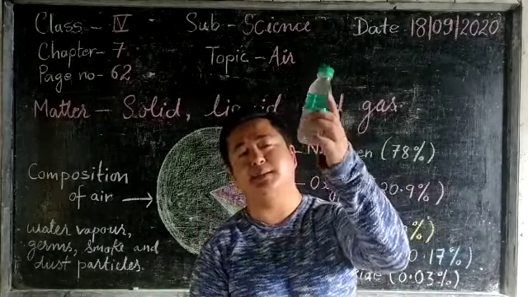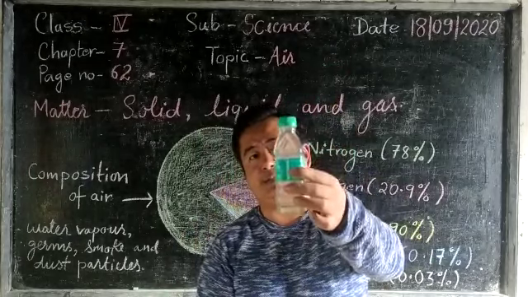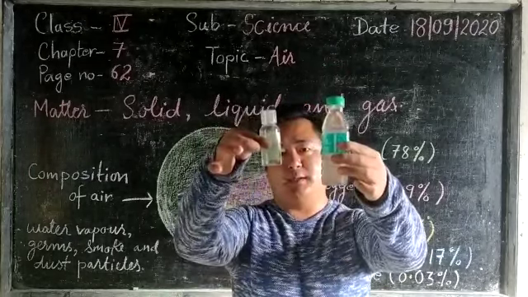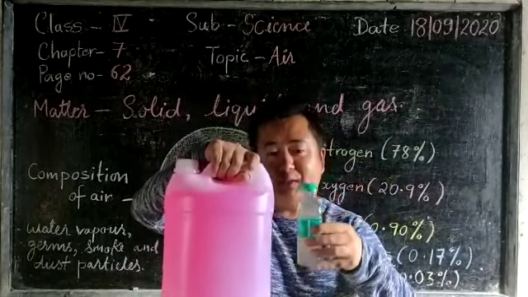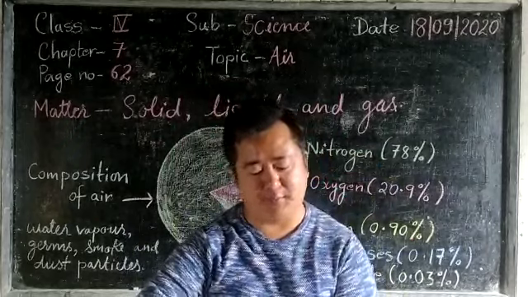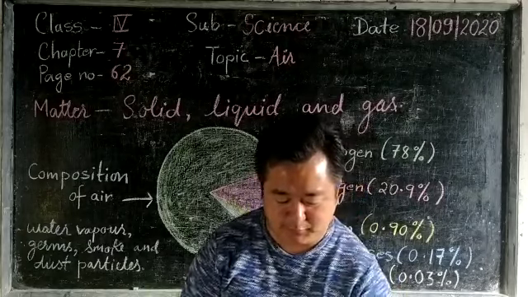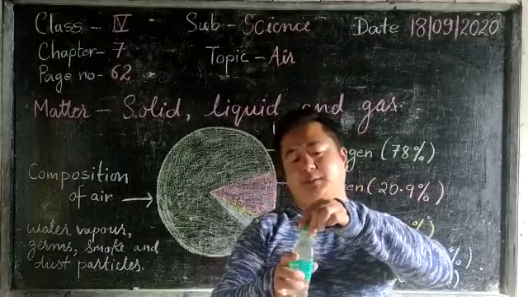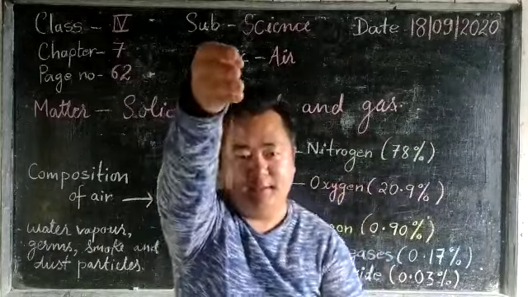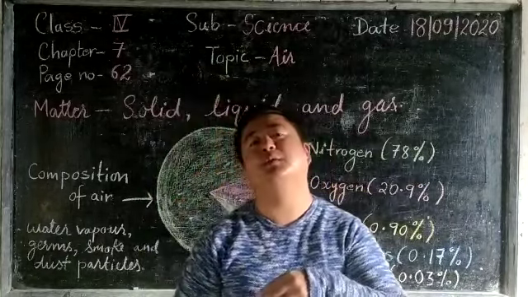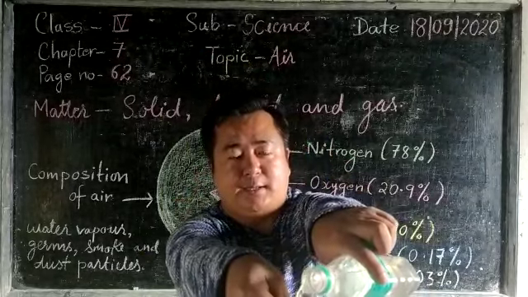You can see this, the liquid is taking the shape of this container. This one can be this one too. So liquid takes the shape of the container because they don't have definite shape and size. And one more thing, in case of liquid, they can easily flow because the molecules in the liquid are loosely connected.